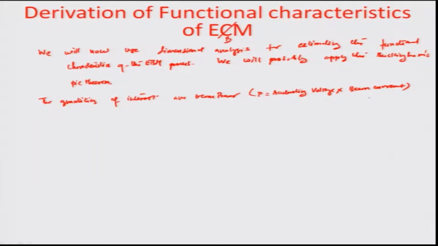You have a beam diameter d, you have the velocity of the beam with respect to the workpiece, I will call this V.